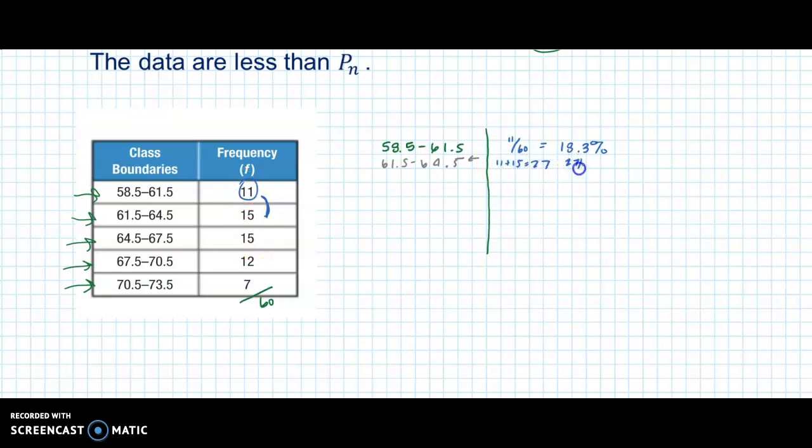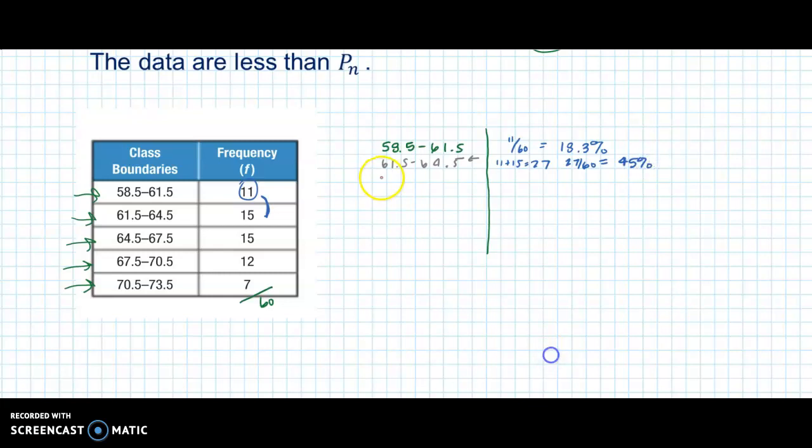So it would be 26 out of 60, which is 45%.